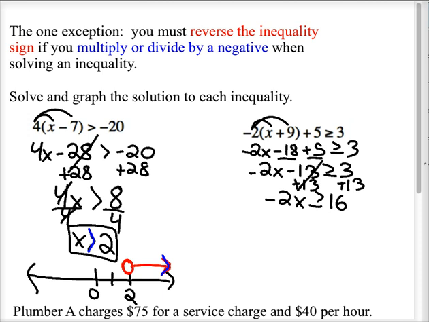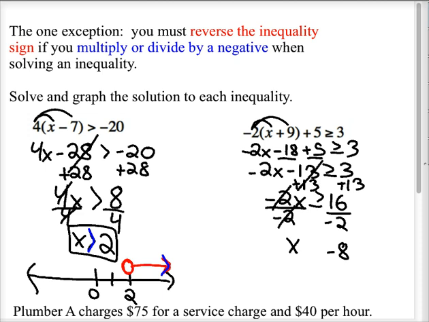Now I want you to notice x is being multiplied by negative 2. So that means to get x alone, I'm going to have to divide by negative 2. Now keep in mind here we have x, we have negative 8. I just divided by a negative number.